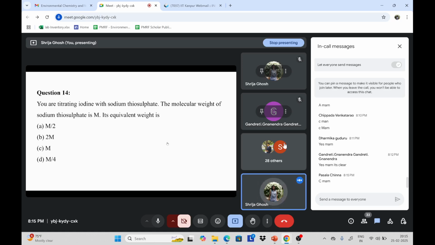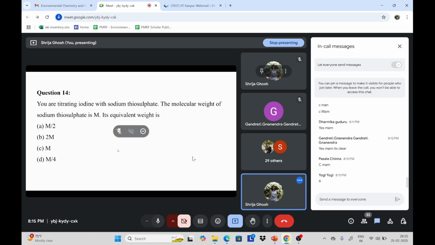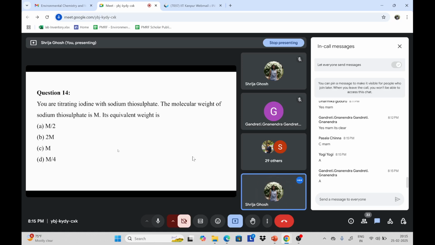Okay, I have one answer, option C. Anyone else? Okay, we have one more answer, option A, that is M by 2. Okay, option A is now getting more votes. Anyone else?